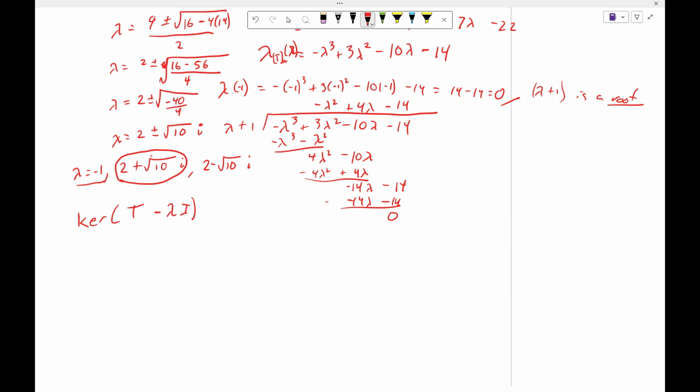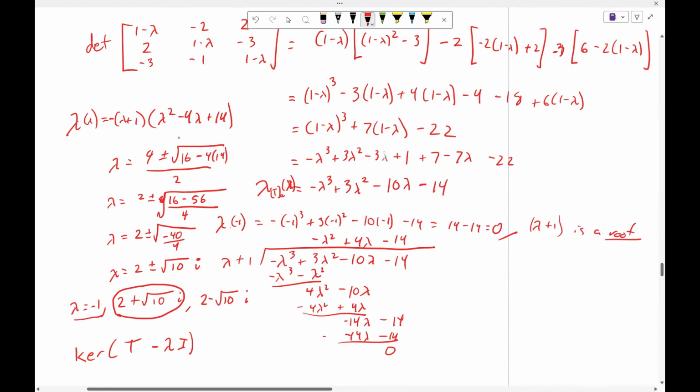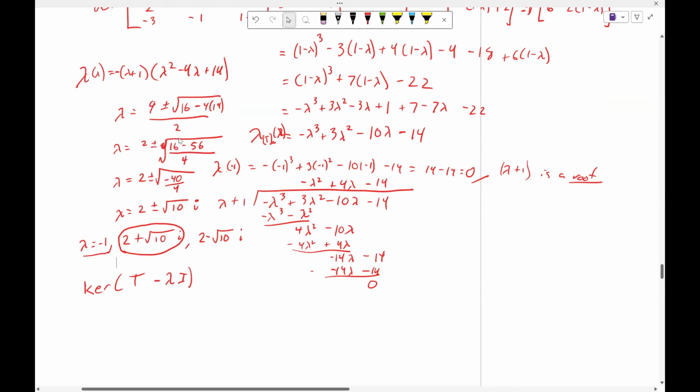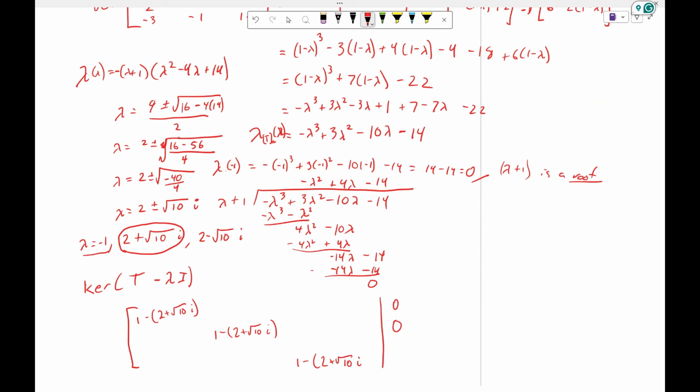So the first thing that we're going to do is we're going to set up our system of equations. So we're going to look at 1 minus 2 plus root 10 i, 1 minus 2 plus root 10 i, and 1 minus 2 plus root 10 i, equaling 0, 0, 0.